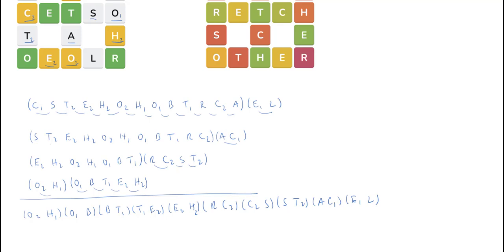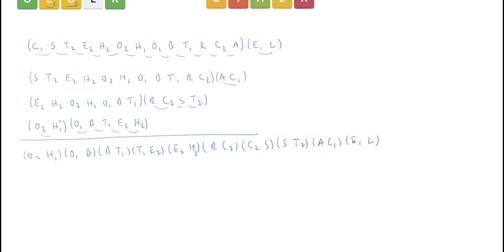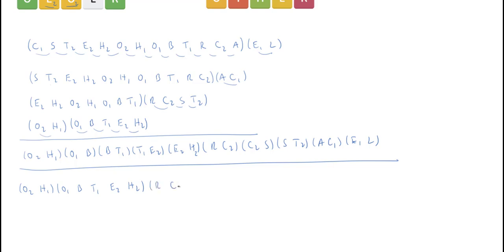So I'm going to go down to the last step before we broke these up. So we had O2H1, then we have O1B, T1, E2, H2, and then we have R, C2, S, T2, and then we do have a couple of transpositions that we won't have to mess with, the AC1 and the E1L.